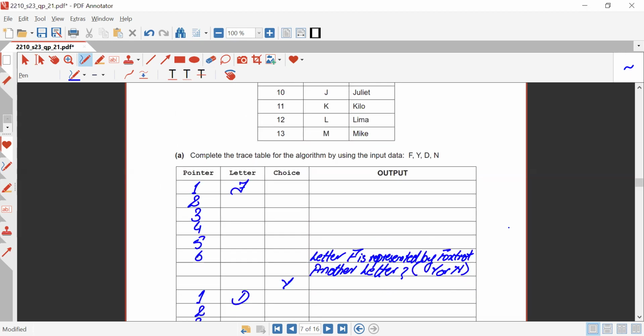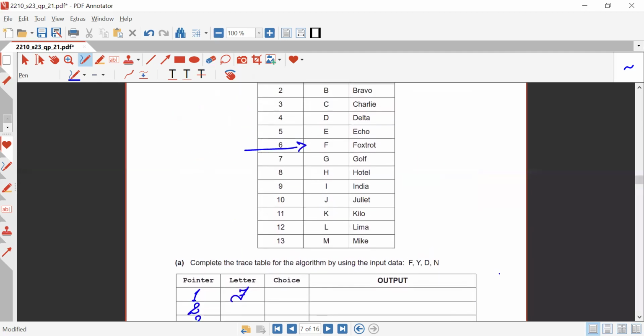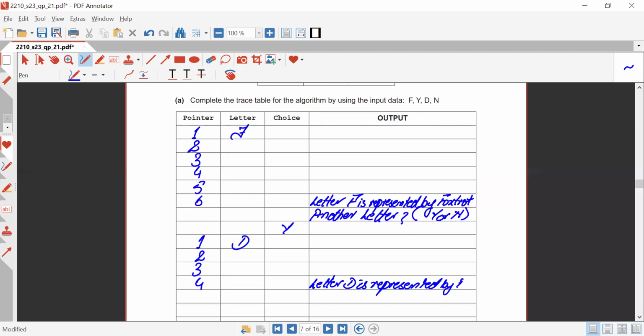As it matches at 4, it says output letter D is represented by. Letter D is represented by, now what is the value at D? It's delta over here. Okay.